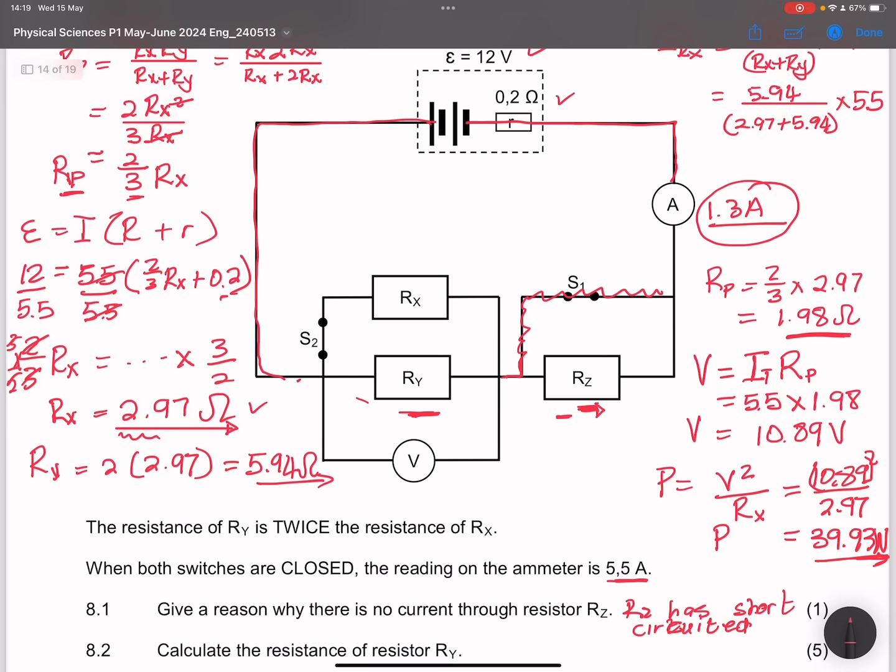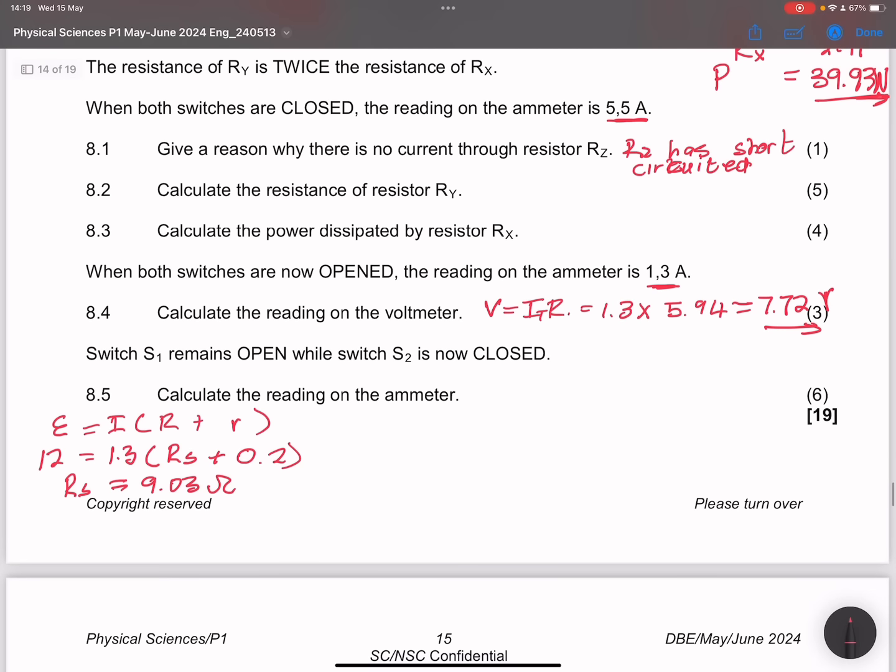Now, ladies and gents, please note that when I had both switches closed, Rx was not functioning. So we're left with Ry, which is 5.94, and Rz. These two were the resistors that we had. So R series was equal to Ry plus Rz.